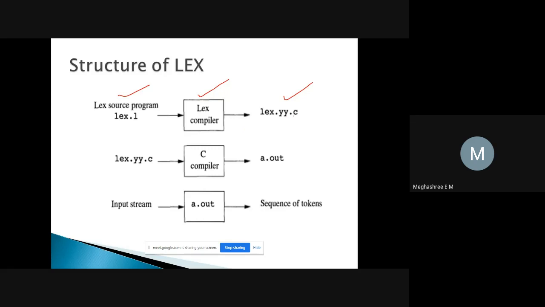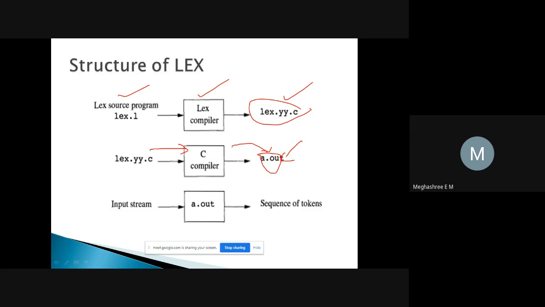lex.yy.c. Now since it is a C code, again this will be fed as input for the C compiler. Once it compiles, it gives you the output a.out. For whatever output file is generated here, we are going to feed the input.